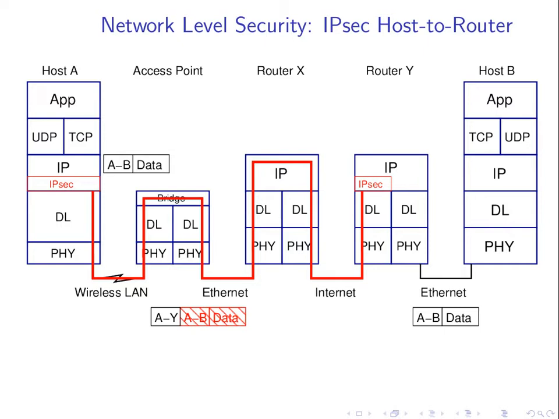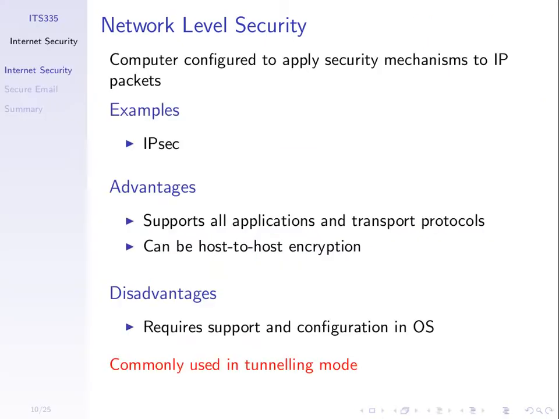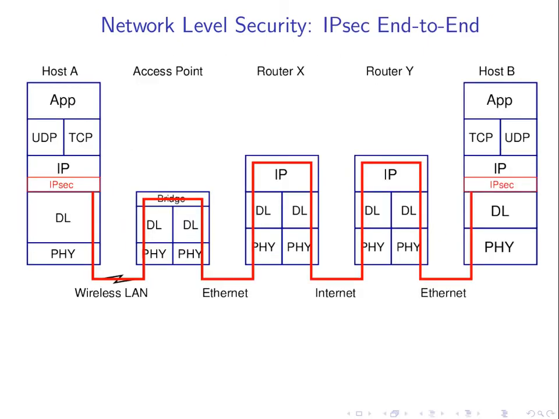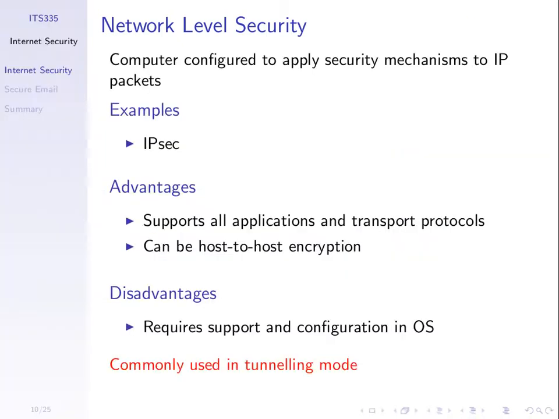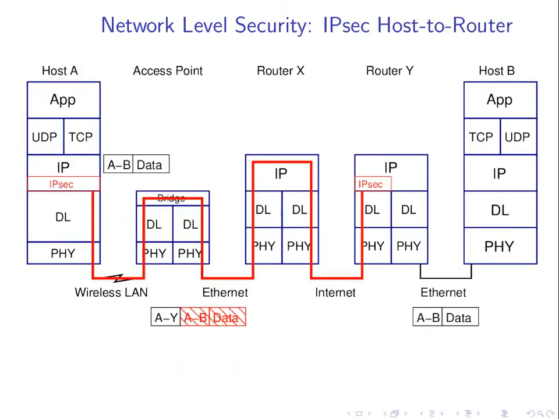But look at the differences. In this case, if we intercept on the internet, we'd see that the source is A, the destination is B. We'd learn that A and B are communicating. In this case, the attacker, if they intercept in the internet, would learn that A and Y are communicating.